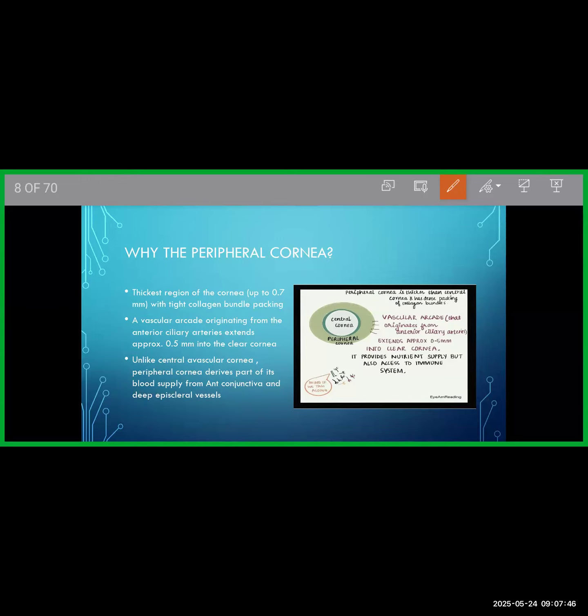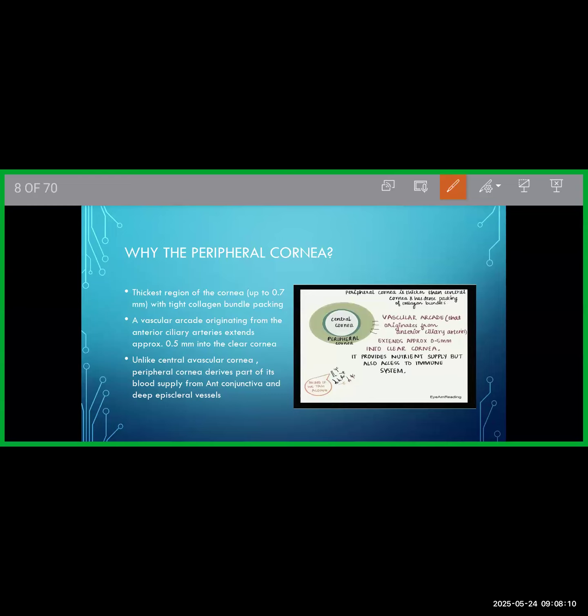Now, unlike the central cornea that is avascular, the peripheral cornea derives its blood supply from the anterior conjunctiva and deep scleral vessels. This explains why the peripheral cornea is involved, because we will later get to know that the antibodies coming from the system get access to the peripheral cornea first through these vessels.